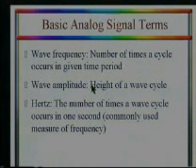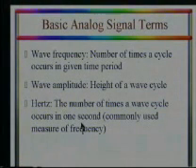So more frequency, for example 5 megahertz, is more than 2 megahertz, because the signal is changing very fast there. Then we have wave amplitude, the height of the wave, the voltage level of the signal. And hertz is the number of times a wave cycle occurs in 1 second. So these are the important components of an analog signal.